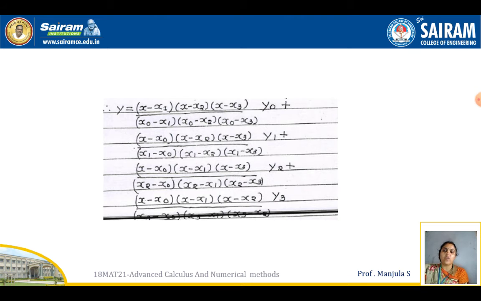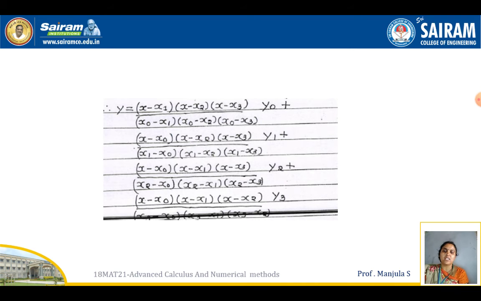The formula becomes: (x minus x1)(x minus x2)(x minus x3) into y0, with denominator (x0 minus x1)(x0 minus x2)(x0 minus x3), plus, in the second term, (x minus x0)(x minus x2)(x minus x3) divided by (x1 minus x0)(x1 minus x2)(x1 minus x3), into y1, plus the third term, (x minus x0)(x minus x1)(x minus x3) divided by (x2 minus x0)(x2 minus x1)(x2 minus x3), into y2, plus (x minus x0)(x minus x1)(x minus x2).